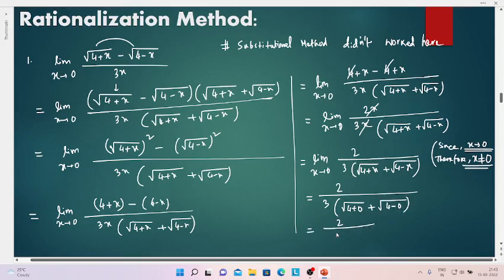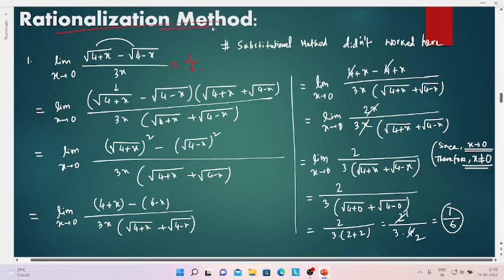So it will become 2 upon 3 times root 4, I mean that will be 2 plus root 4, that will be 2, right? So it will be 2 upon 3 times 2 plus 2 will be 4, right? If we cancel 2 by 4, it will be only 2, and that will be 1. So it will become 1 upon 6, right? So you can see that the value of that particular limit is actually 1 upon 6, right?